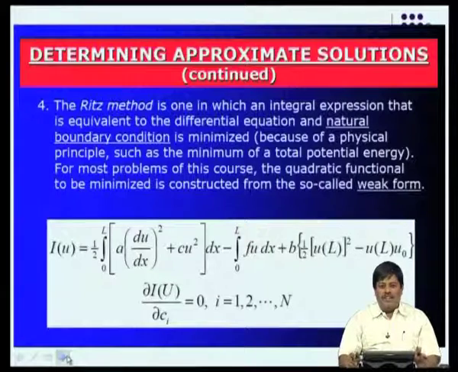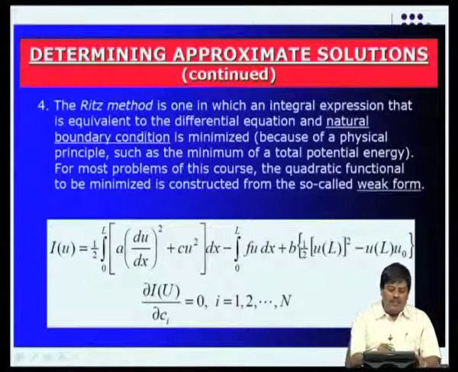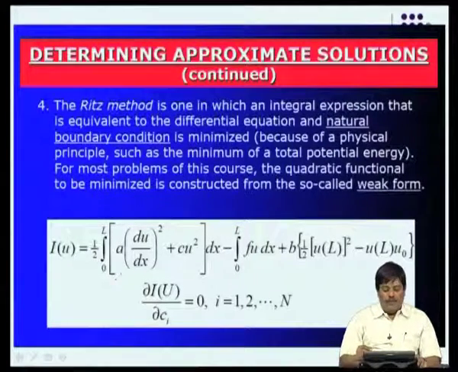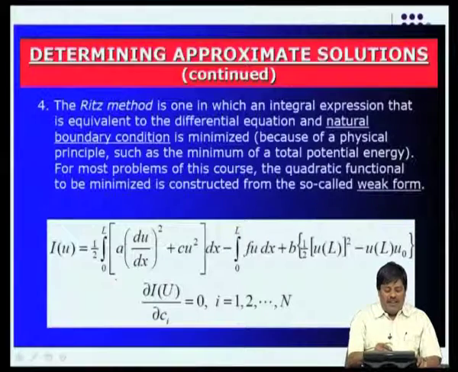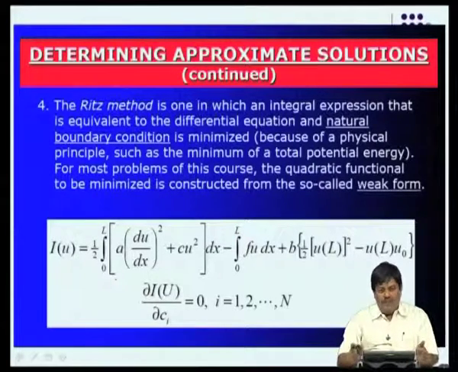The quadratic functional we describe for the differential equation we just dealt with is of this form. Basically, by minimizing this functional equal to 0, we get a set of n equations corresponding to n unknowns, which we solve to get the approximate solution.